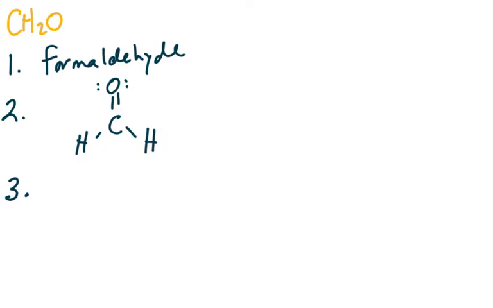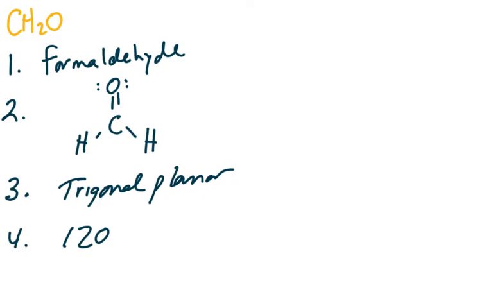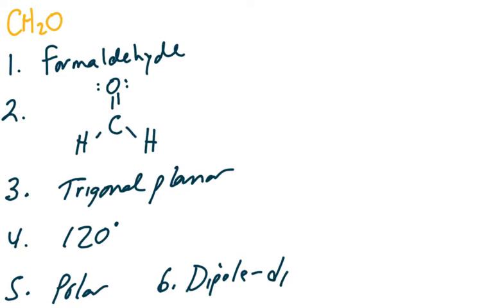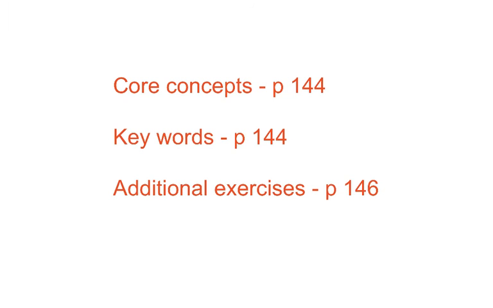The electron geometry and the shape are both trigonal planar. The bond angle would be 120 degrees. It is in fact polar, and it has dipole-dipole intermolecular forces. Okay, so that actually wraps up chapter 4 for us.